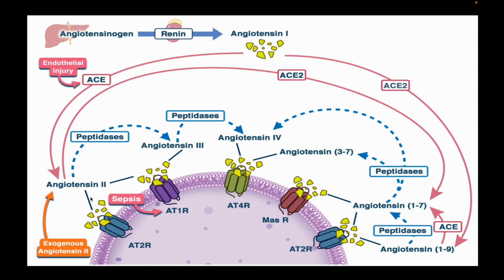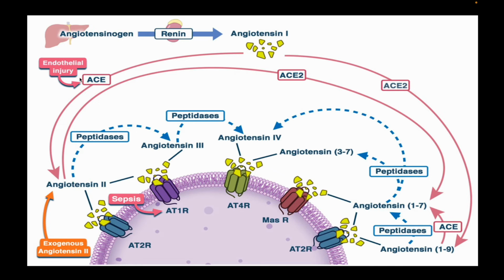So, apart from the reduced availability of angiotensin 2 to produce the vasoconstriction, the sepsis directly inhibits the AT1R receptor. So, by inhibiting the angiotensin receptor 1, sepsis directly inhibits the action of the available angiotensin also. So, there are 2 points where the sepsis or the vasodilatory shock is working.